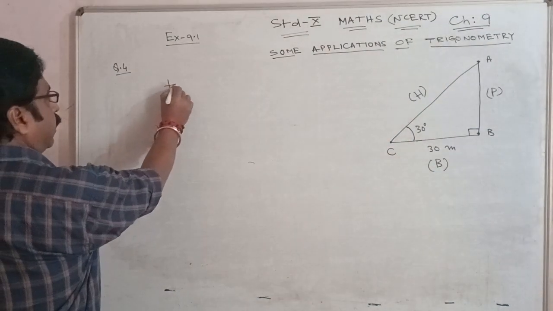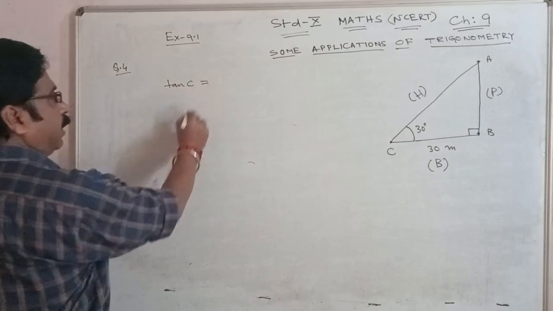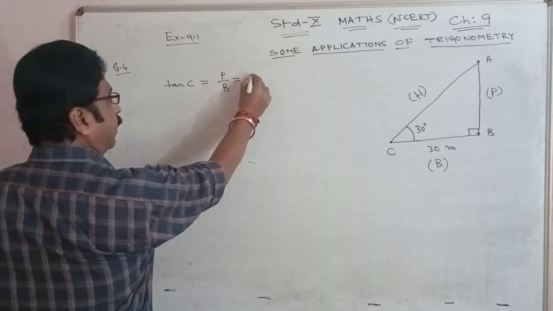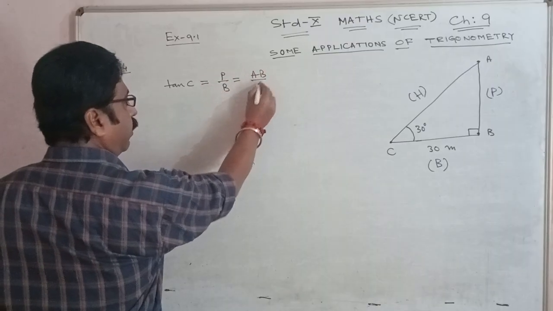And AB is perpendicular upon base. Perpendicular is AB, base is BC.